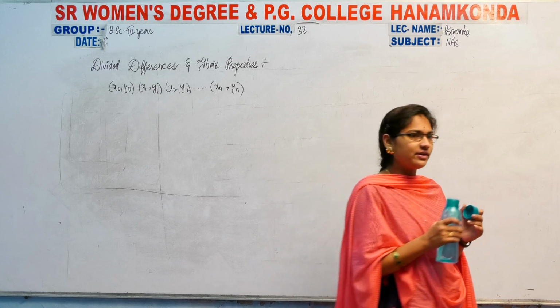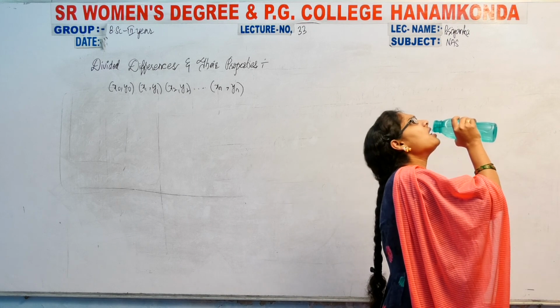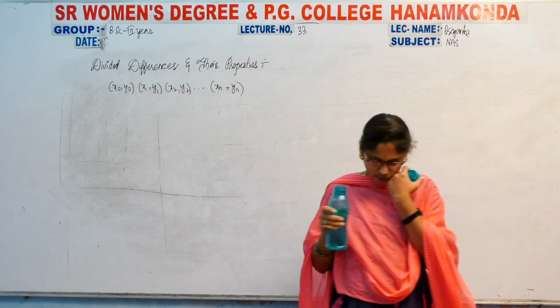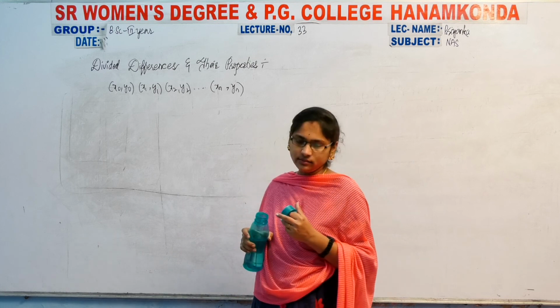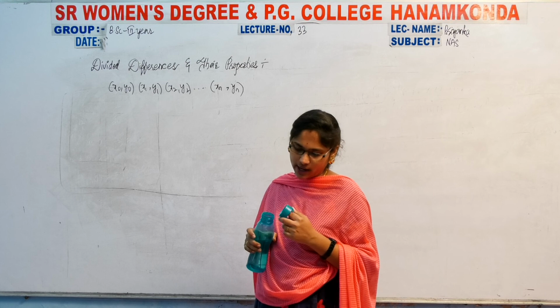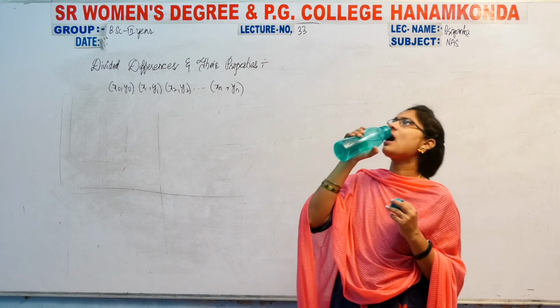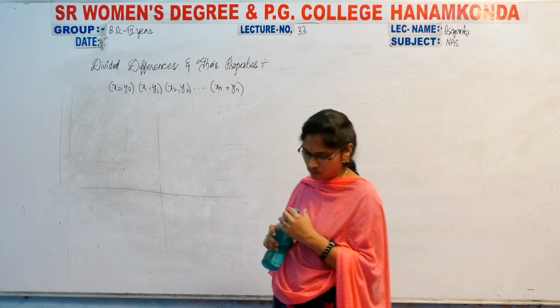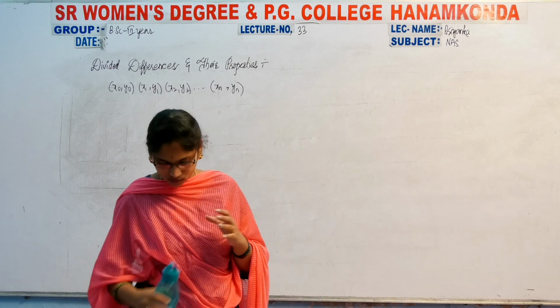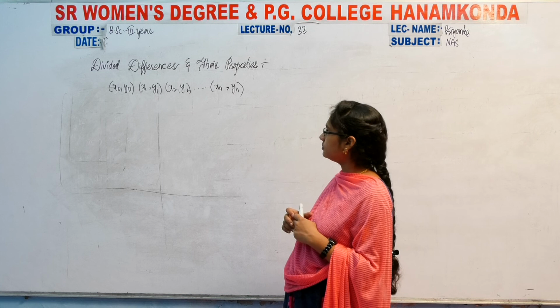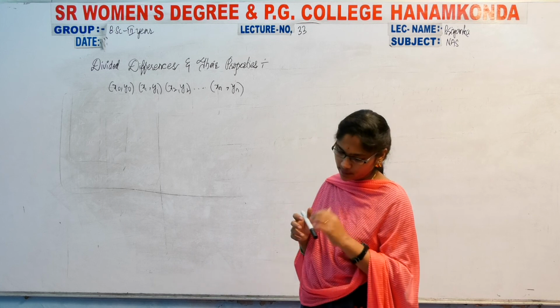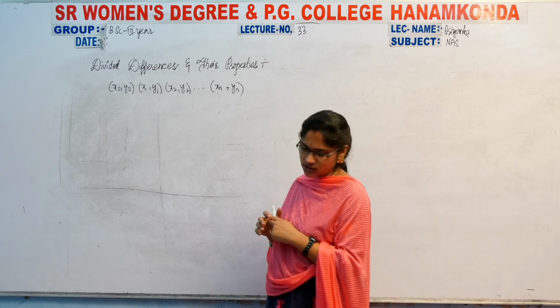Then the divided differences of order 1, 2, and so on up to n are defined by the relations.